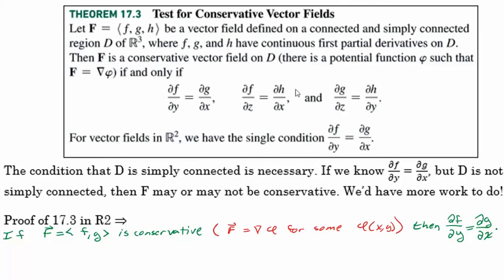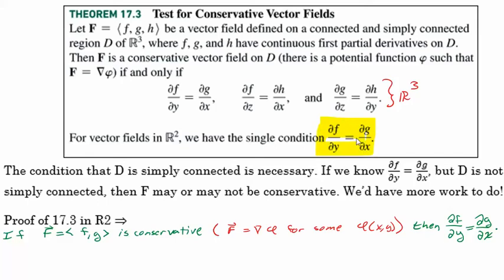These criteria are for R3. For a vector field in R2, we have the single condition that this partial has to equal this partial. Okay, so we're just going to do this one in R2 here.